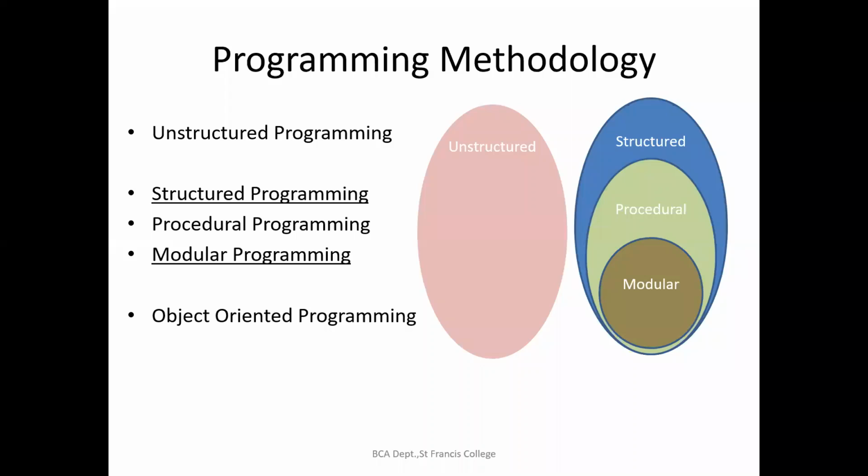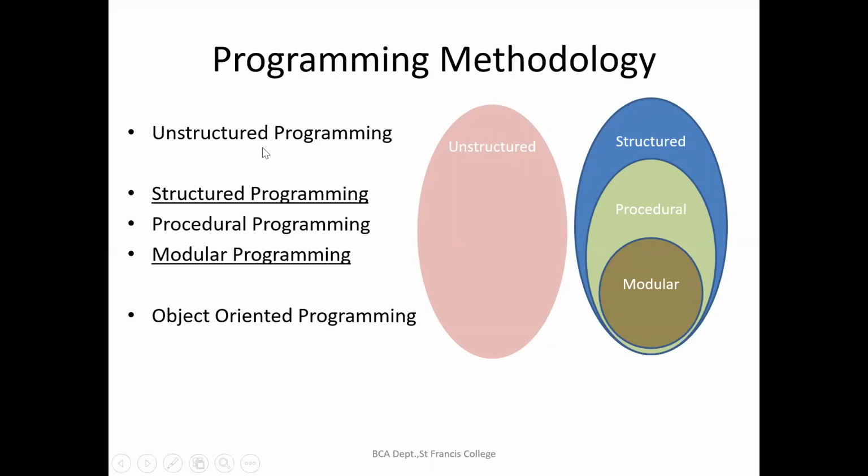Now, the programming methodology. We know what a program is, why we write a program, and the basic characteristics of a good program. Over the years, software engineers were trying to develop good programs, through different steps of getting to a good programming language.